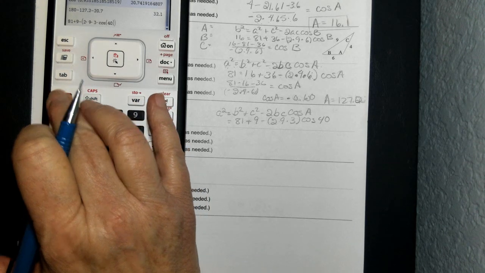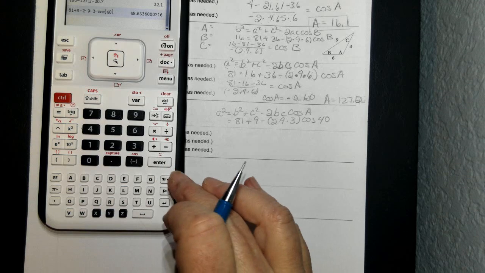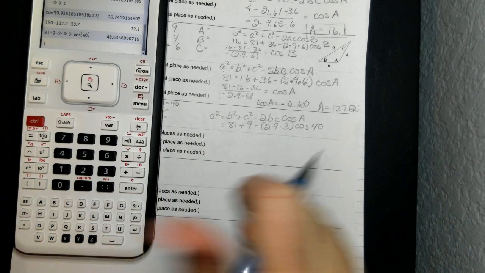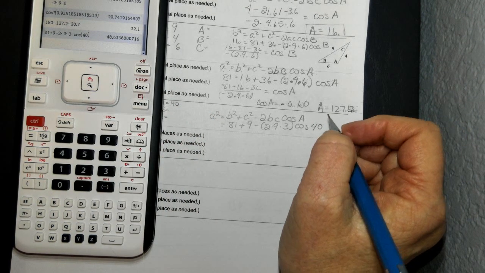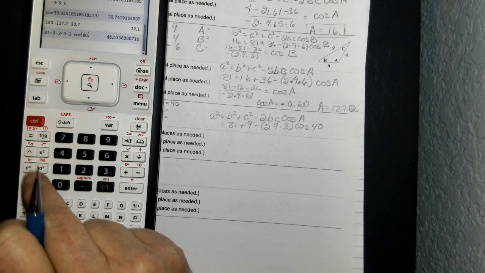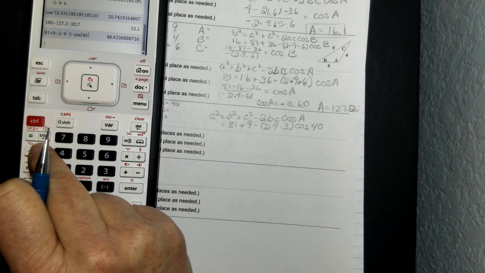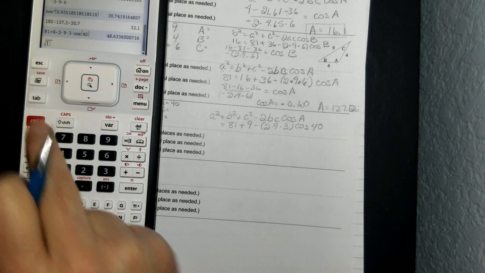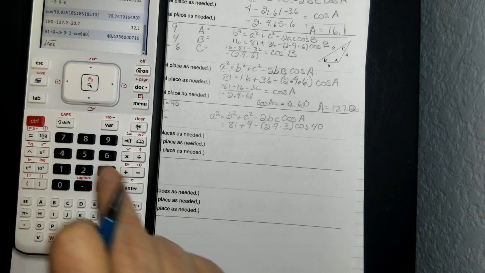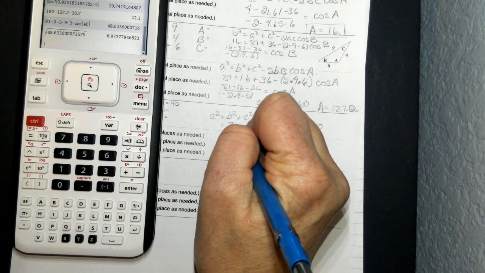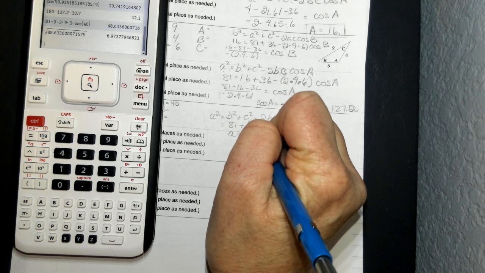And so that's everything. That is going to give us the square, so 48.6 is the square of a. Now we need the square root of that. So we take the square root of the answer, enter, and we get a equals 6.97.